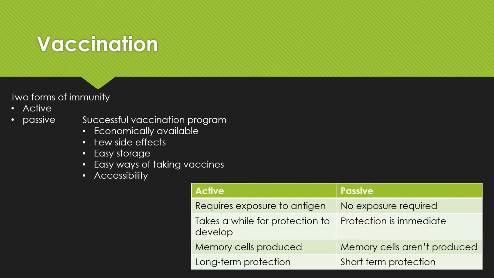Now, what makes a successful vaccination programme? Well, it's economically available, which means that even if you're less well off, you can still afford it. There are few side effects. For instance, you wouldn't want a case like thalidomide, where mothers were taking it as a morning sickness pill, and when they had their babies, the babies came up with deformities as a side effect of taking the drug.